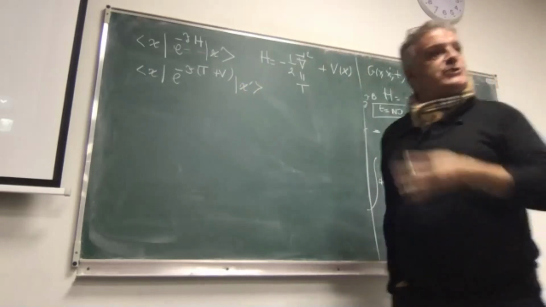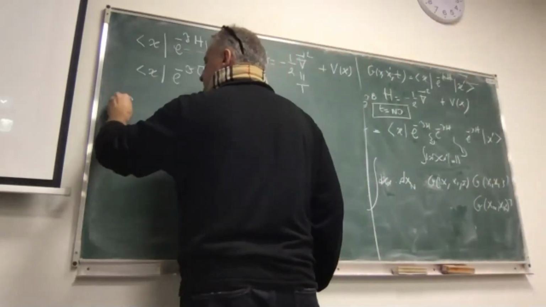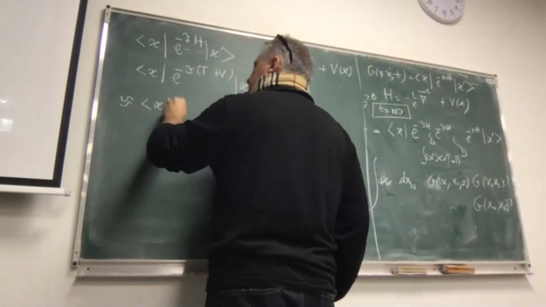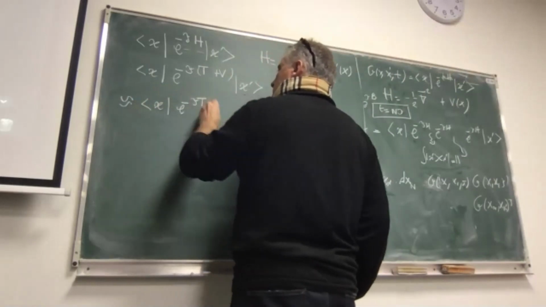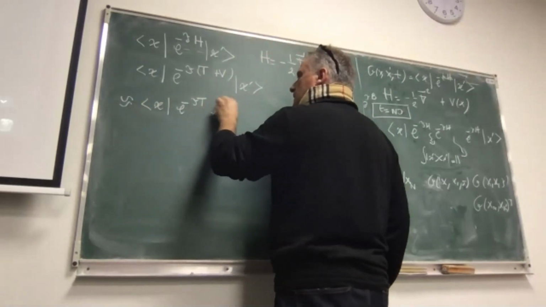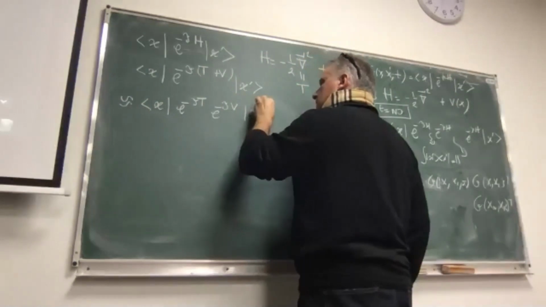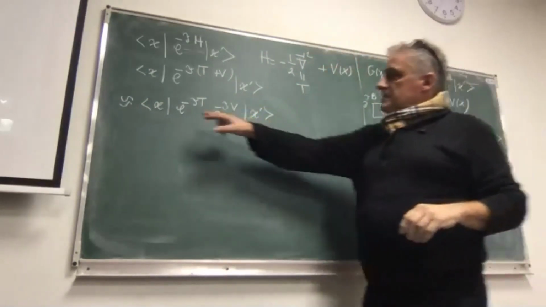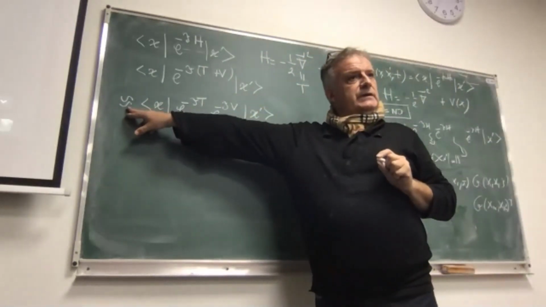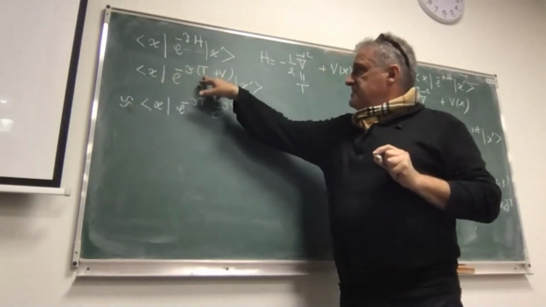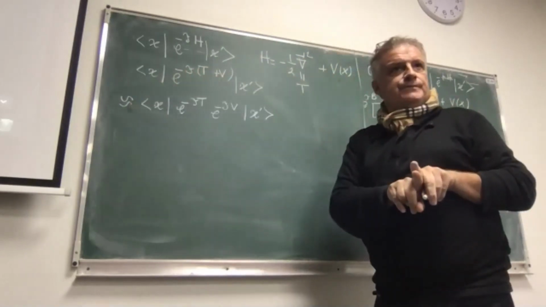And now, at short time, we write that as the product. This is an approximation because T and V do not commute.